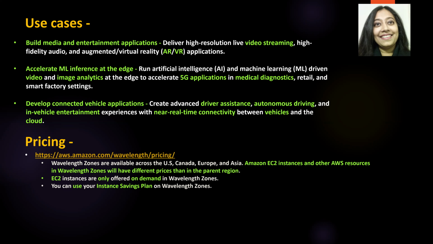So of course, anything that has high resolution video streaming, or anything that is an augmented or a virtual reality application. If you have a use case which might use video streaming or high fidelity video audio or some AR VR applications, that's when you might want to consider using wavelength zones and wavelength infrastructure.